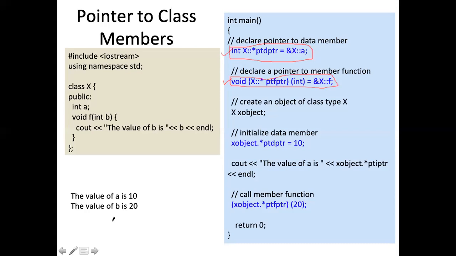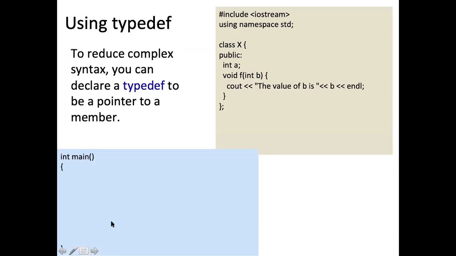Before we actually do that, how renaming can be done in C++. So typedef is a keyword that is used to rename any given keyword in C++ that already exists, and it inherits the properties of that keyword.